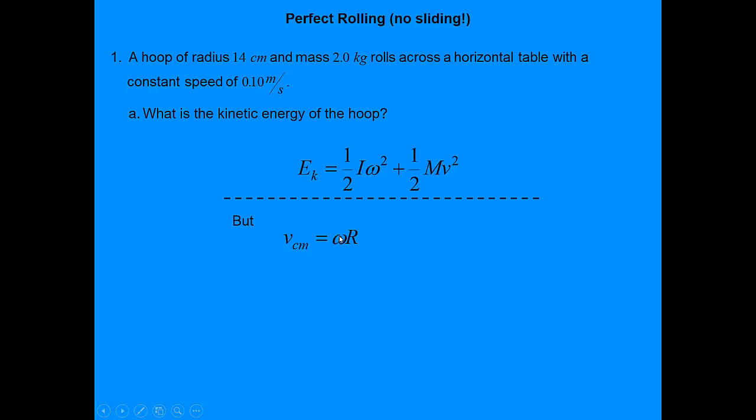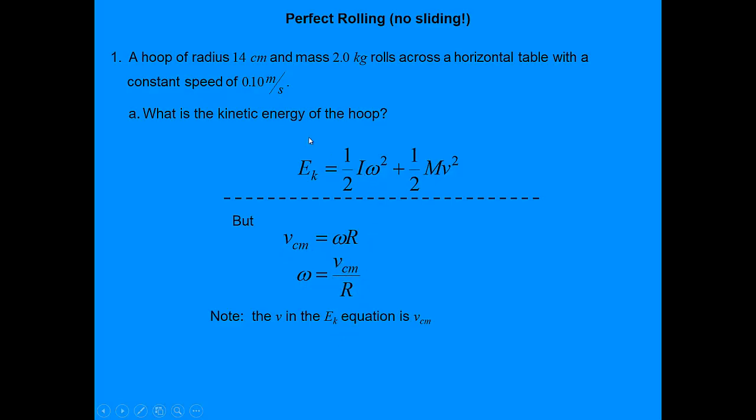So that means omega can be written as the speed of the center of mass over the radius. And by the way, this speed of the center of mass is what we're calling v. That v is the speed of the center of mass. It's kind of traditional to just write it as v, but technically I like to write it this way before we make the substitution so that you can see where it's coming from.